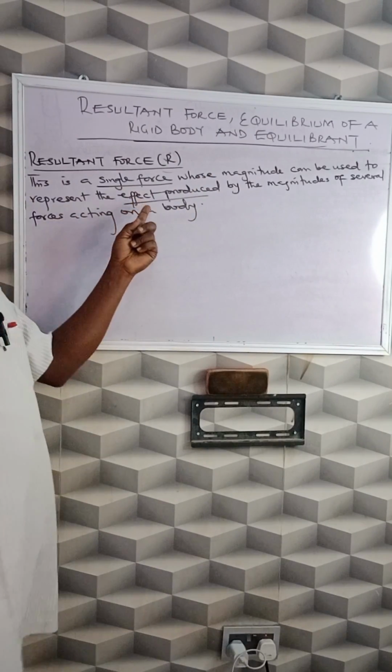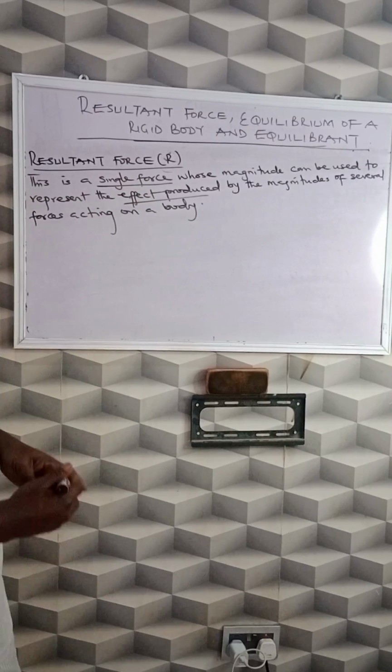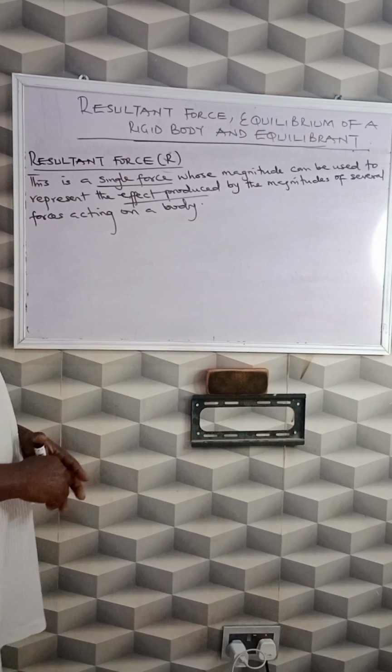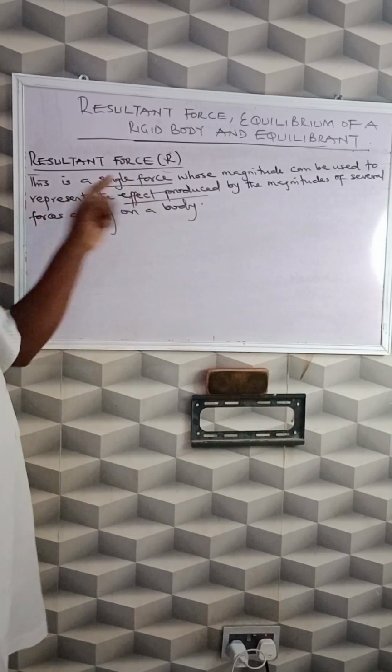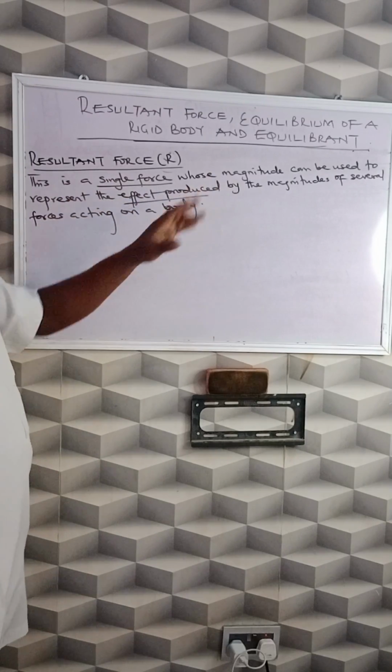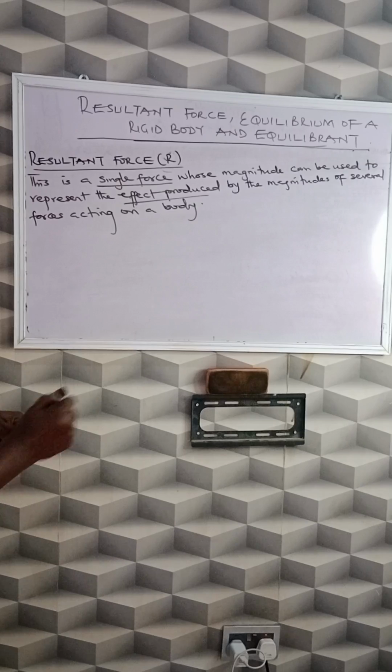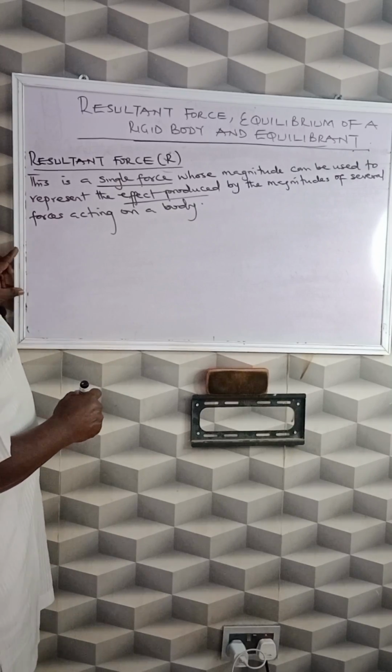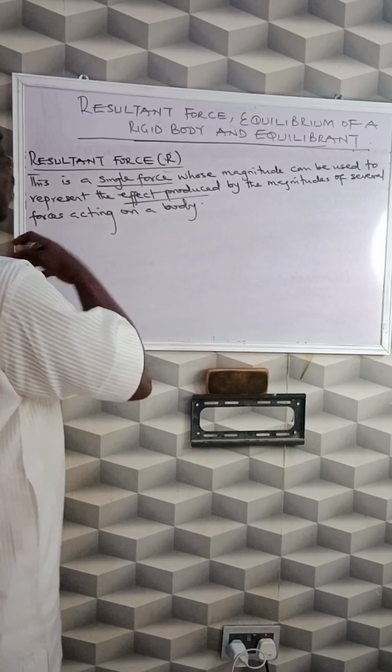This effect could come in form of acceleration. When a body is acted upon by a force, it will give an acceleration to that body. That's an effect. So to represent the effect produced by the magnitude of several forces acting on a body, that is a resultant force. But how do we find resultant force?